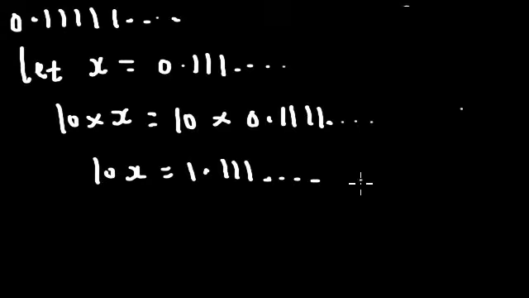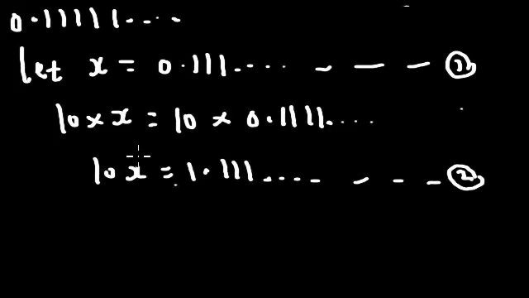So basically, we can let this be our equation 2, and let this one be our equation 1. What I want to do right now is take equation 1 and move it closer to equation 2. Let me write it below it, and have x equal to 0.111 repeating.